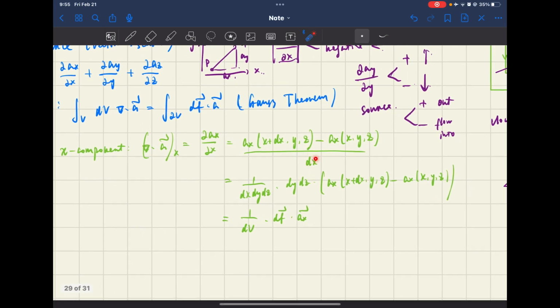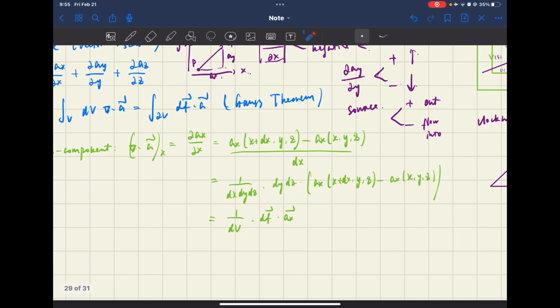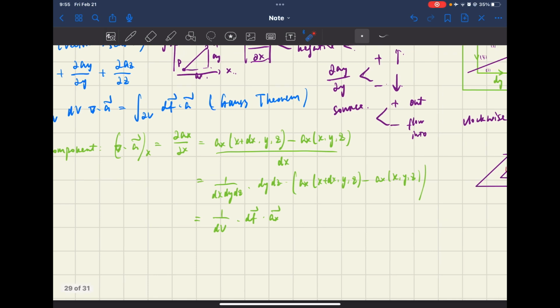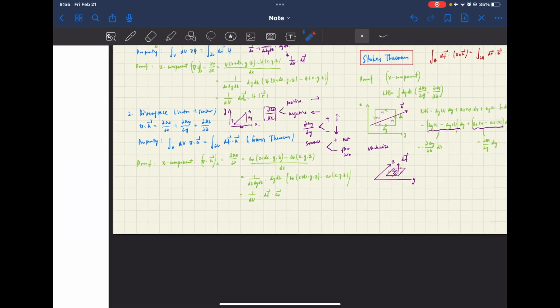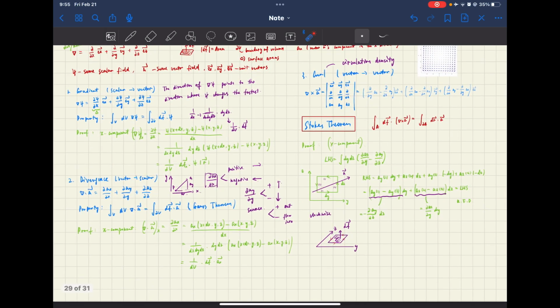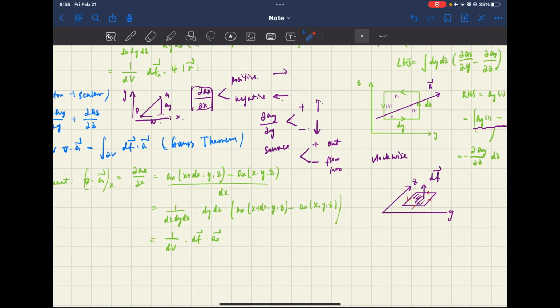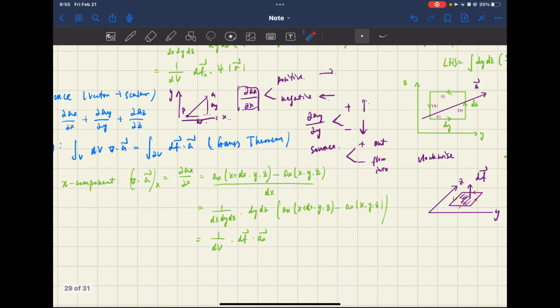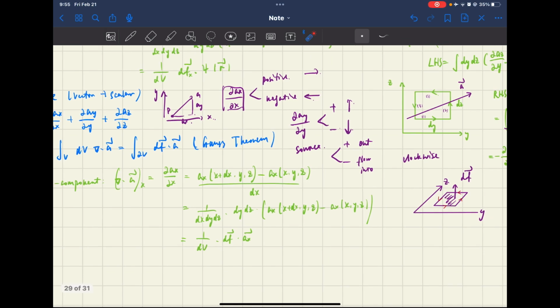We substitute 1 over dx into 1 over dv times the area element, dy times dz. Then we can prove it using the same calculus concept, very similar to our last proof. Basically, it's a change of the sum of the quantities inside. That's how we prove it, and this is Gauss theorem.